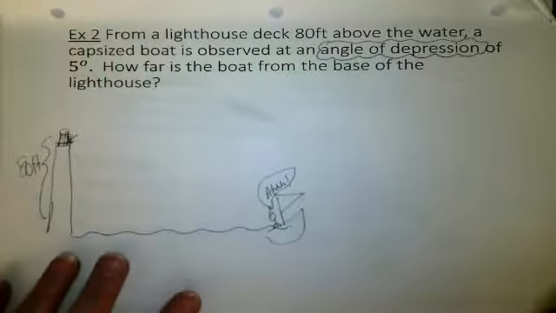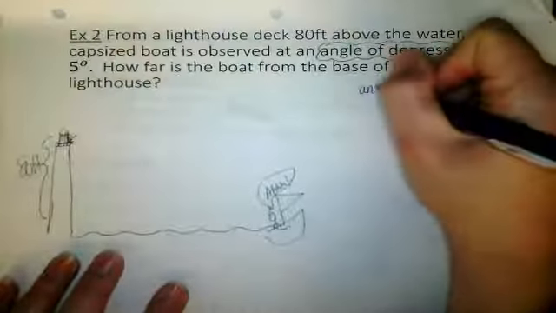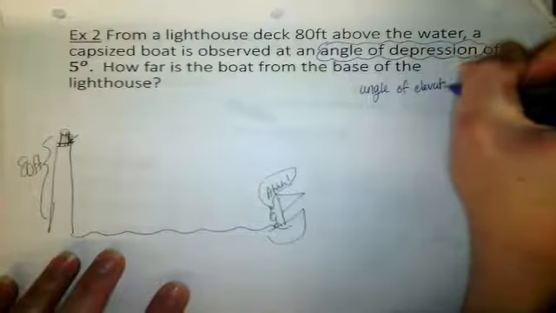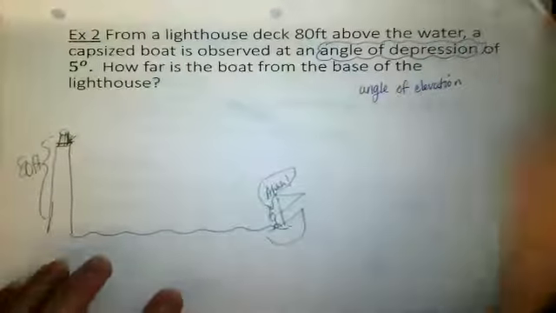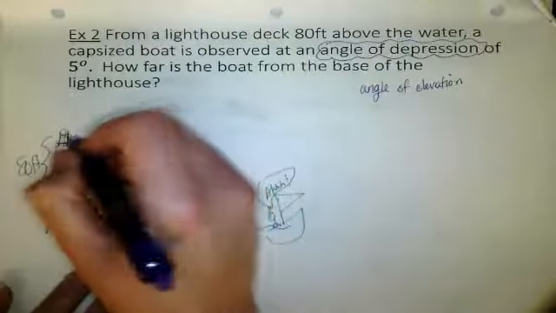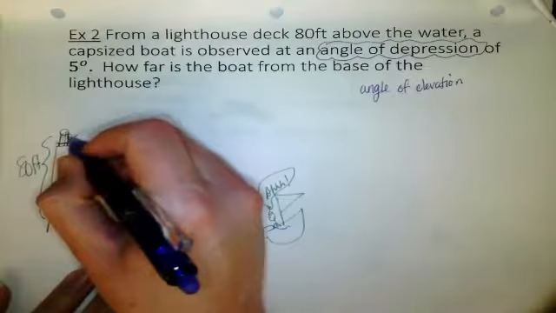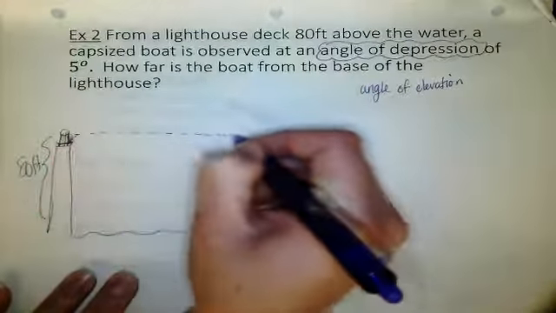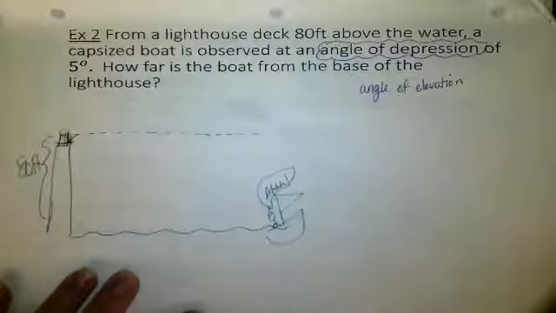When we're talking about angles of depression or angles of elevation, we are talking about line of sight, because when we're normally looking and walking around, we're looking straight ahead, right? So this guy up here on the lighthouse deck normally looks straight out horizontally.